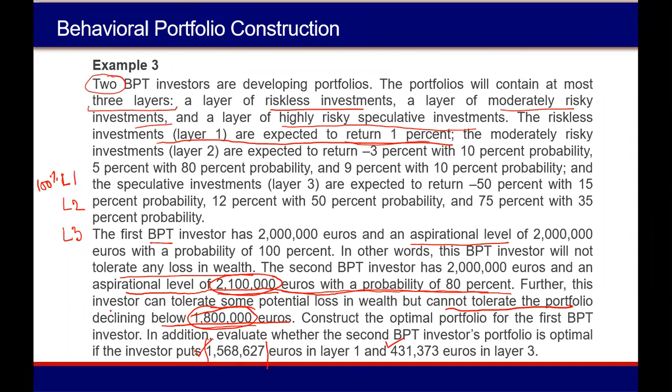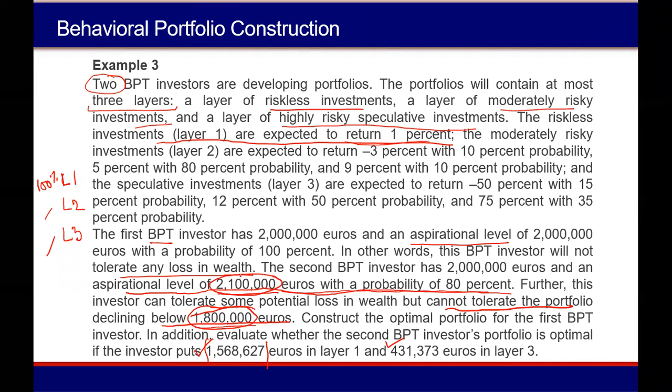Because when you make more investment in layer 3 and layer 2, what will happen? There is also more chance that the portfolio will decline below this. Yes, sir. When you are taking more risk exposure and wanting to make more return, you also need to prepare for more risk. In that case, you may not maintain this safety objective level. Okay, so you need to make an adjustment here.